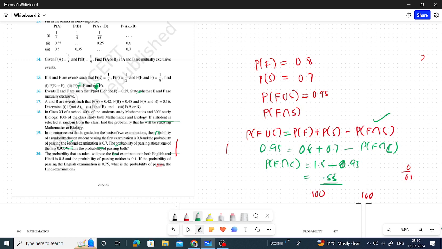Okay. Now question number 20. Question number 20 is the probability that a student will pass the examination in both English and Hindi is. So that is again the same way.